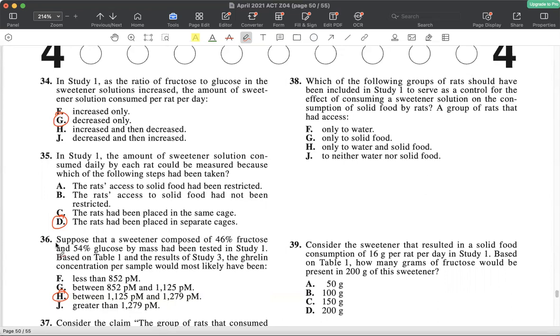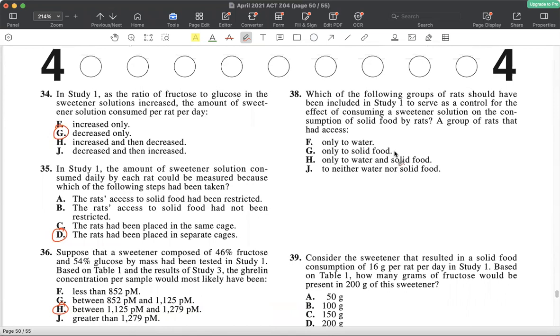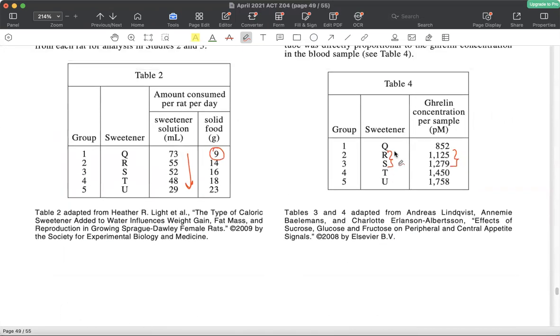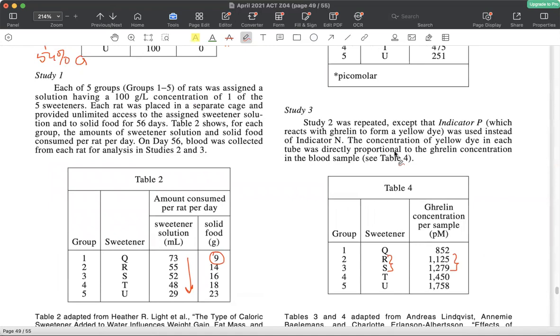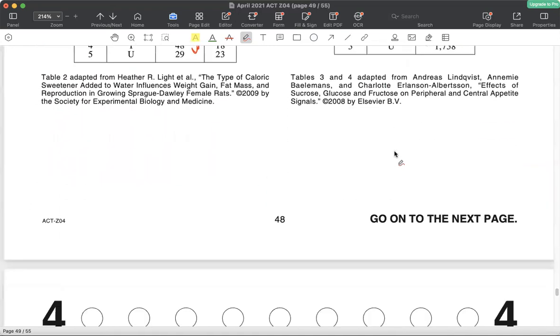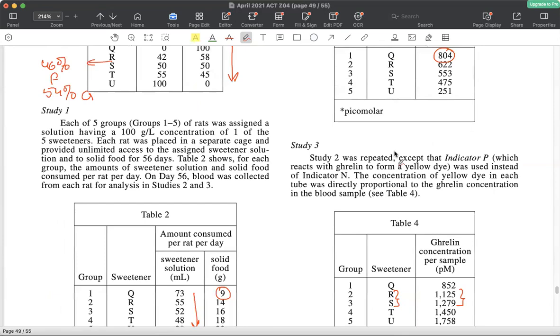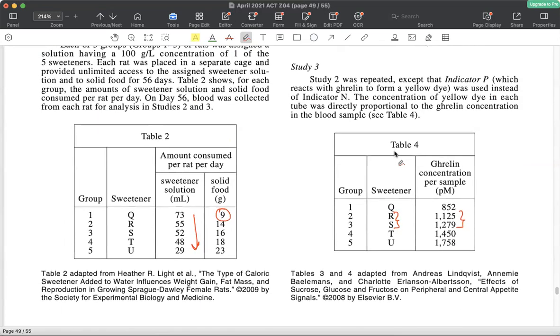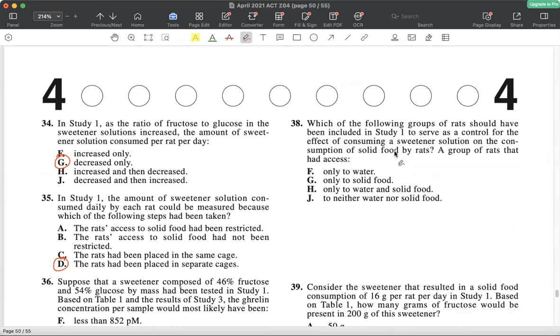So if you remove the sweetener and only make them consume solid food, then you can compare. What about water? Should they have access to water? Because if I have to compare, yeah, I would have to give them water, right? Because the sweetener is the liquid. Yeah. So I need to give them water and solid food, because then I can compare the effect of sweetener on this thing. Yeah.